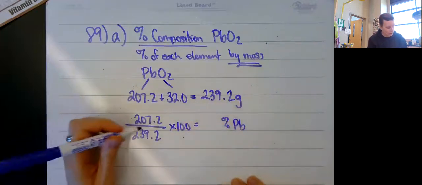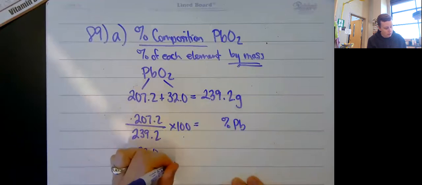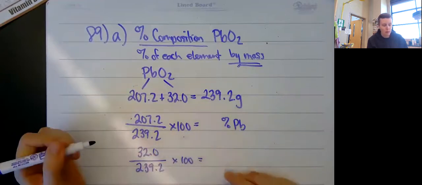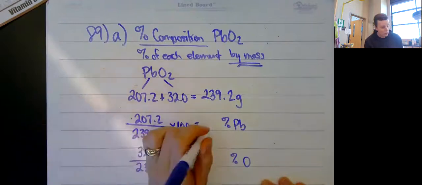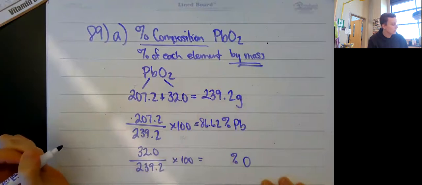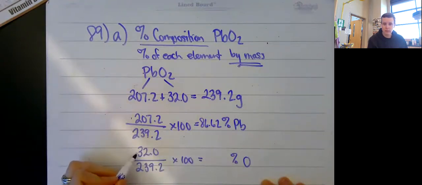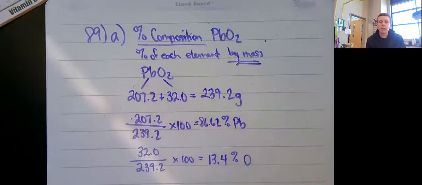And then we do the same thing for oxygen. 32.0 over 239.2 multiplied by 100, and we'll get our percent oxygen, okay? When we do that, adjusting for correct sig figs, this one will end up with 4 sig figs. We're going to get 86.62% lead, okay? And this one will only have 3 sig figs because of that 32.0. So we'll end up with 13.4% oxygen.